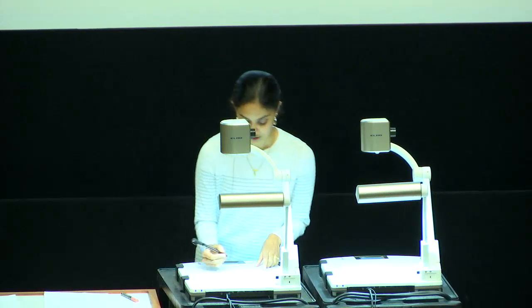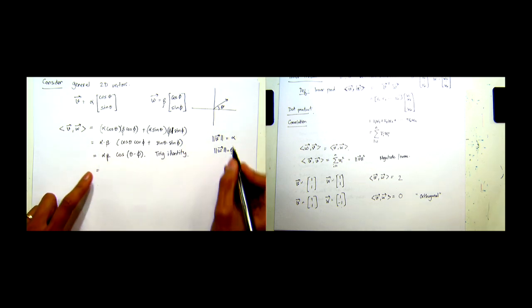Yeah. This is cosine of theta minus phi. If you don't remember this, go look up your trigonometry textbook. Okay. So, what is alpha? Alpha is now just the norm of V. And what is the norm of W? That's just beta. So V·W is the norm of V times the norm of W times cosine of theta minus phi. Okay?